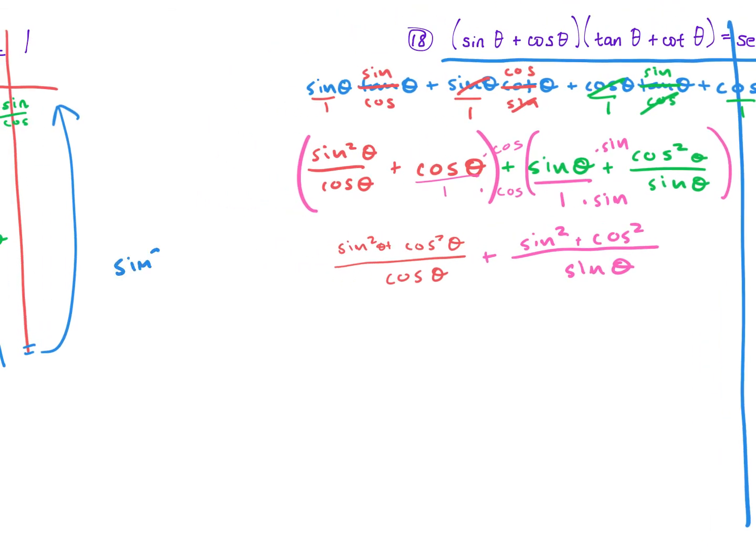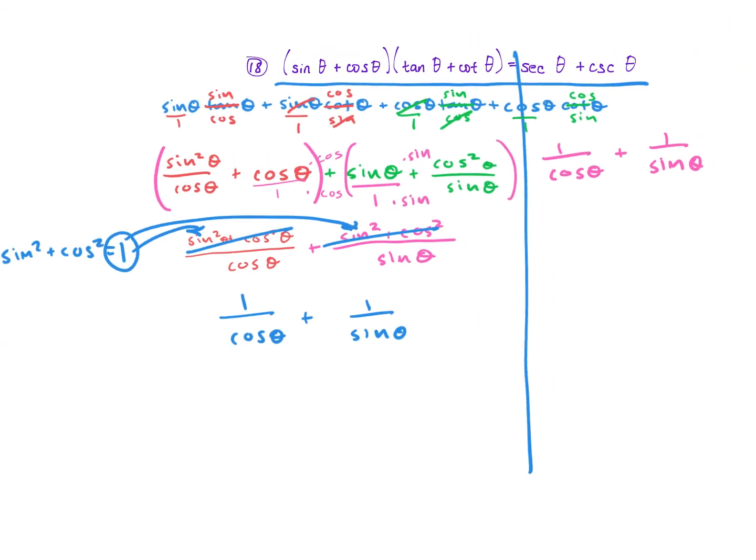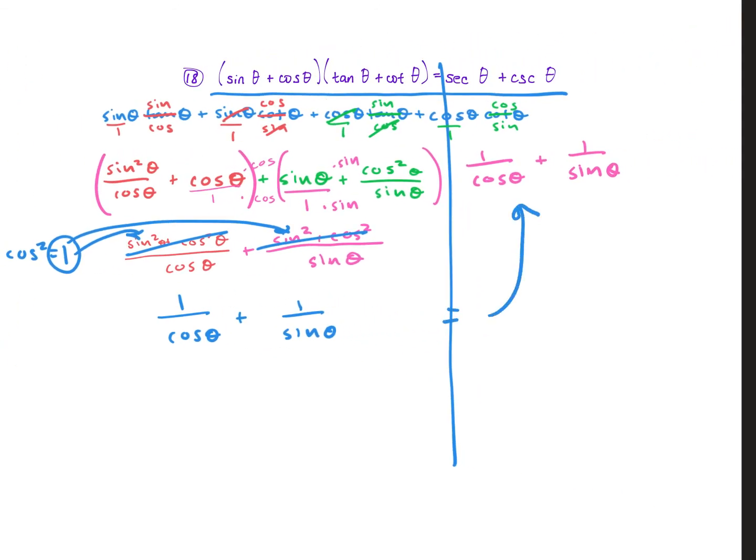So we know sine squared plus cosine squared is equal to 1. So I can substitute 1 into this sine squared plus cosine squared and this one here too. So I have 1 over cosine plus 1 over sine, which is what I wanted here.